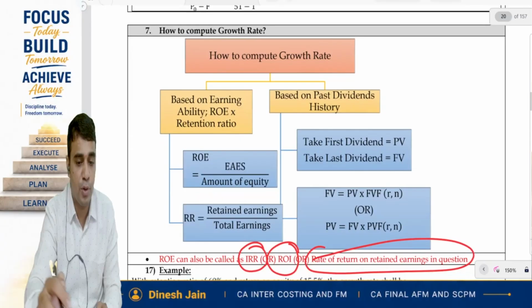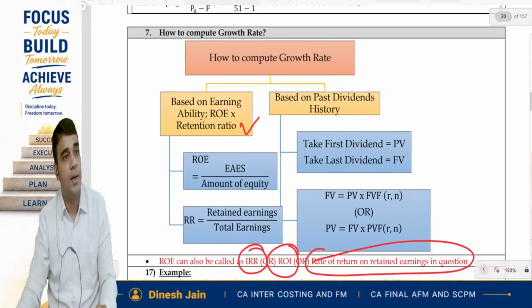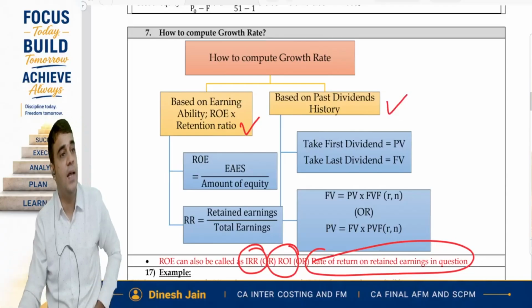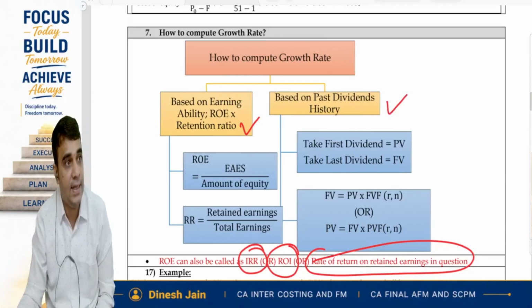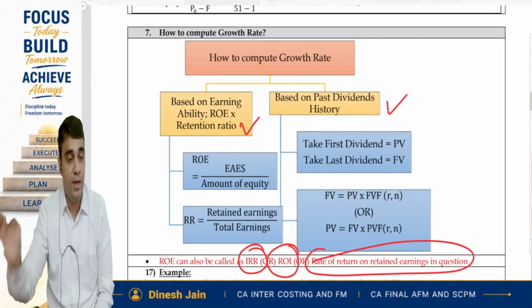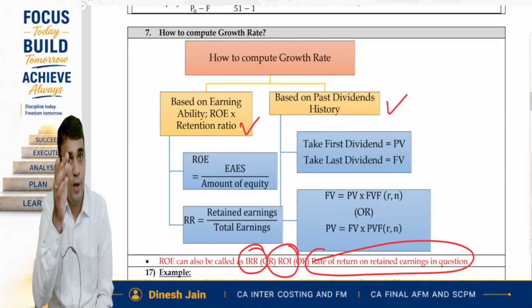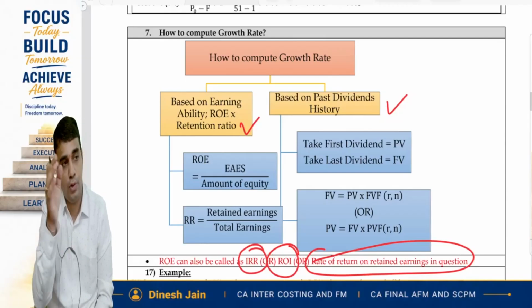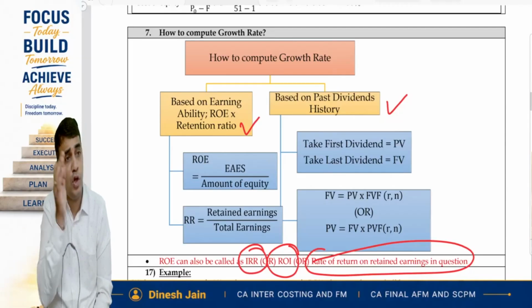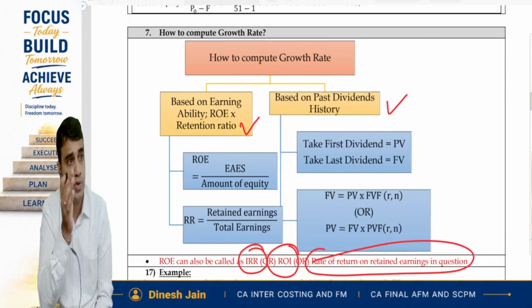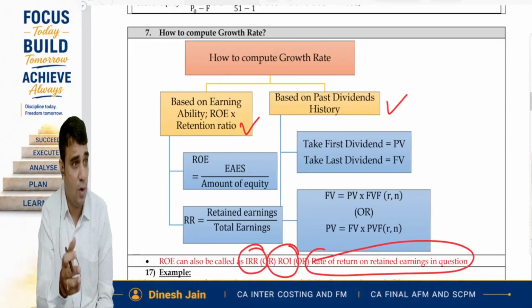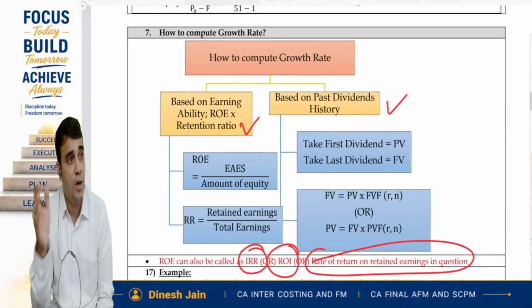How to compute growth rate? ROE into retention ratio, or based on past dividend history. Take the last time period. If you have 2010 and 2020, 2010 is called present value, 2020 is called future value. If you have 2020 and 2030, 2020 is present value, 2030 is future value.